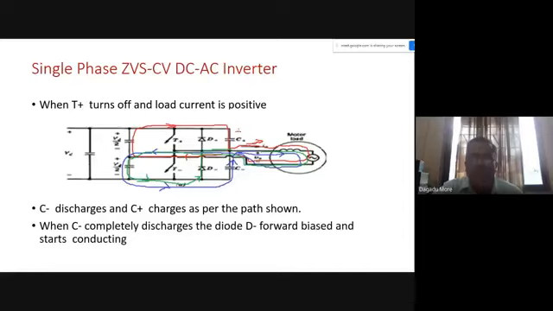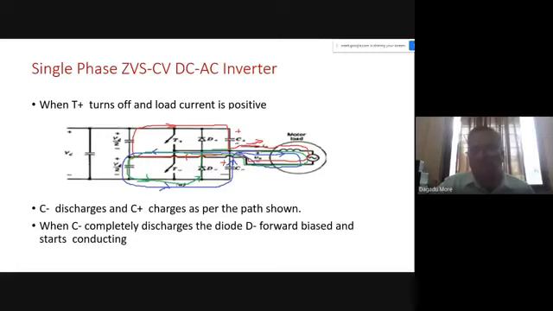So charging of the upper capacitor C plus will take place. At the same time, whenever the switch was off, the capacitor C minus had a charge with this polarity earlier. Now under this condition, the blue color indicates that this capacitor will discharge, giving energy to the motor as well as to the DC supply.